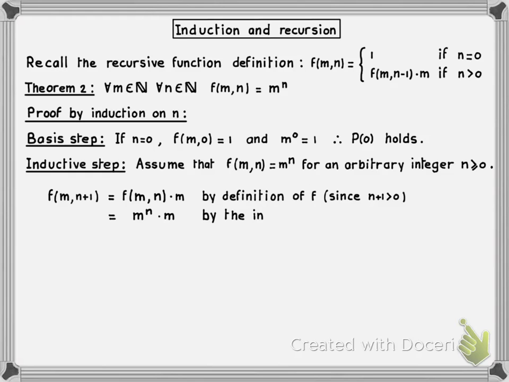And that's according to the inductive hypothesis. And finally, we can just apply the law of exponents to get m power n plus 1, which is exactly what we need to prove p of n plus 1. So this concludes our proof of the inductive step, which, together with the basis step, proves theorem 2.